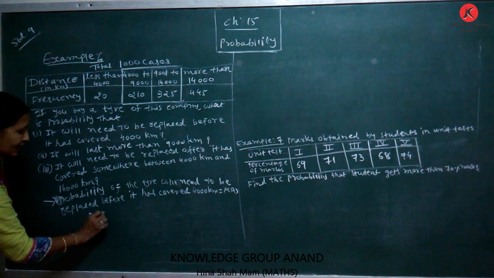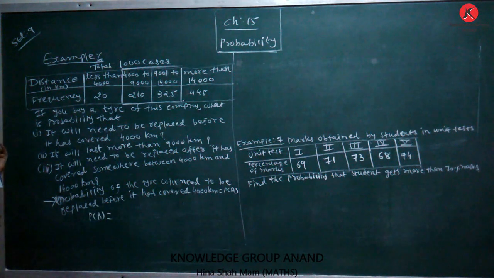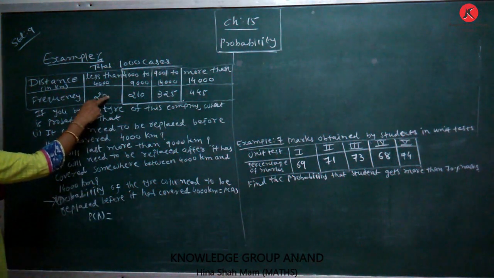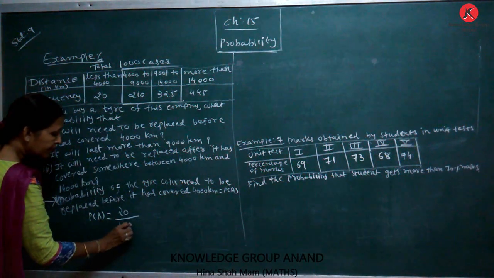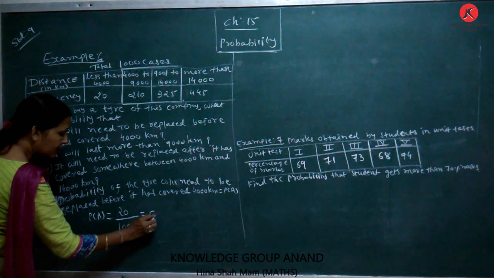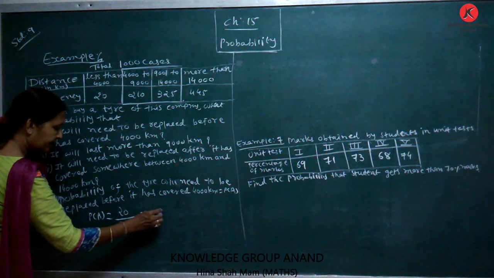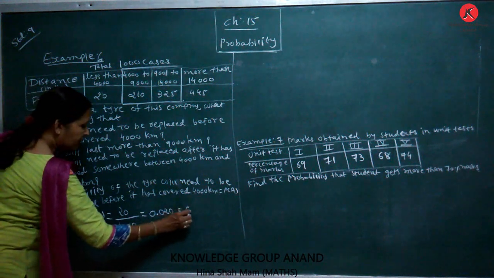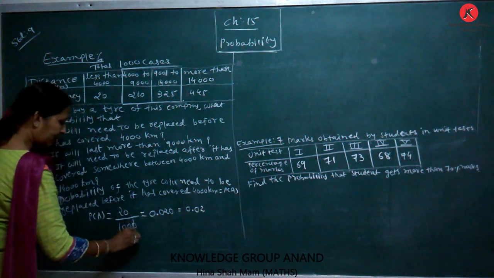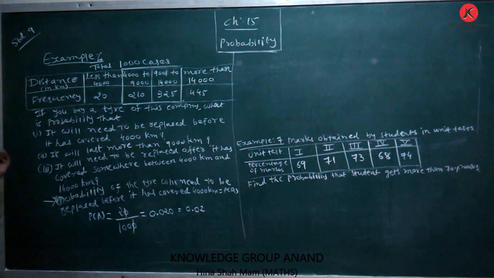Therefore, PA is equals to before 4,000, less than 4,000, is equals to 20 upon 1000 is equals to 0.02. You write here 0.02.